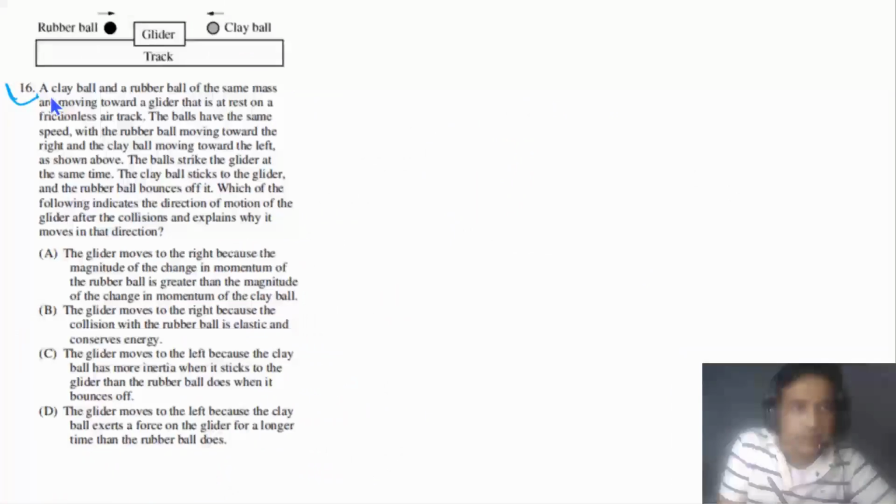Question 16 says a clay ball and a rubber ball of the same mass are moving toward a glider that is at rest on a frictionless air track. The balls have the same speed, with the rubber ball moving to the right and the clay ball moving to the left, as shown above. The balls strike the glider at the same time. The clay ball sticks to the glider and the rubber ball bounces off the glider.